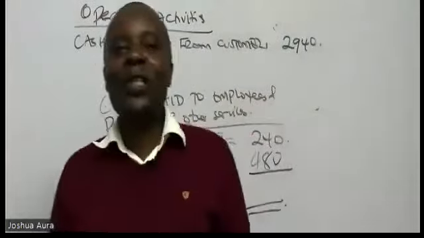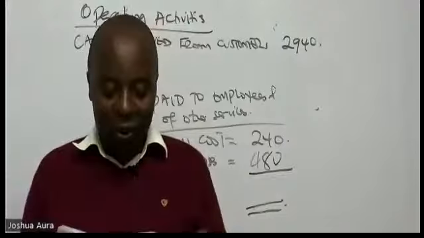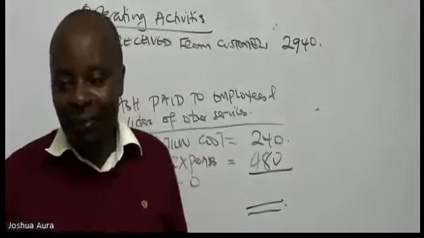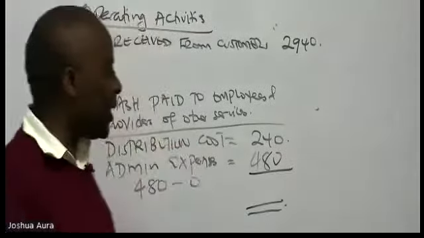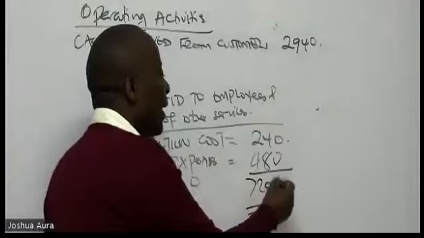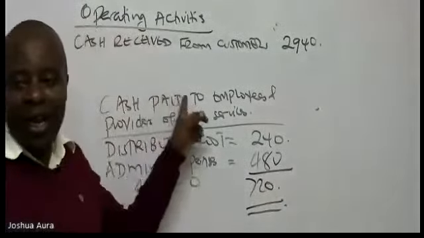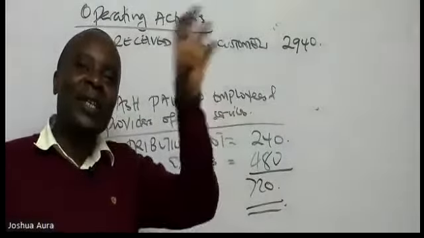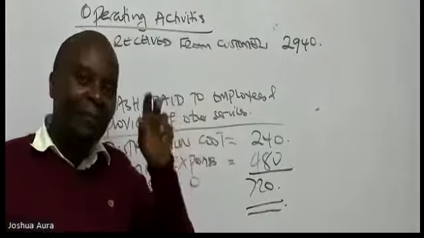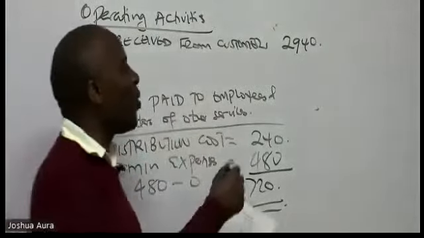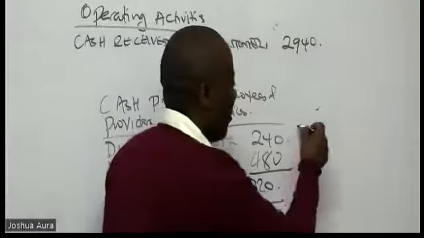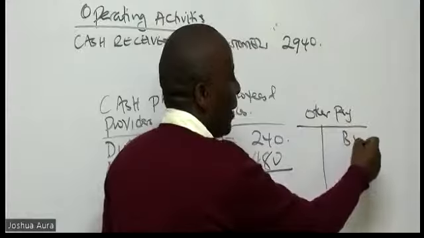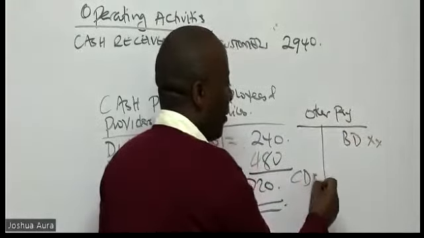Remember, in some questions, they'll give you what we call other payables. How I wish I had other payables. So like Eric is telling me this is 720. Other payables are not in the trade payables. Other payables normally come here. If I had an account called other payables, I would have come here and created other payables, brought down, put a figure there, carried down, put a figure here.